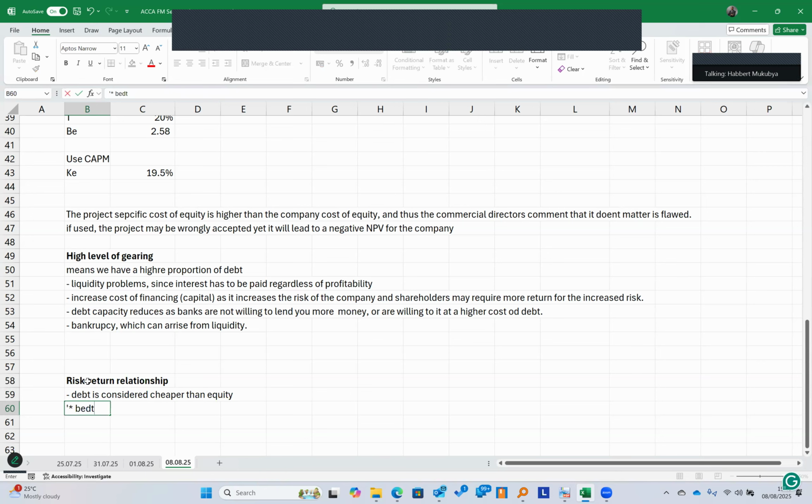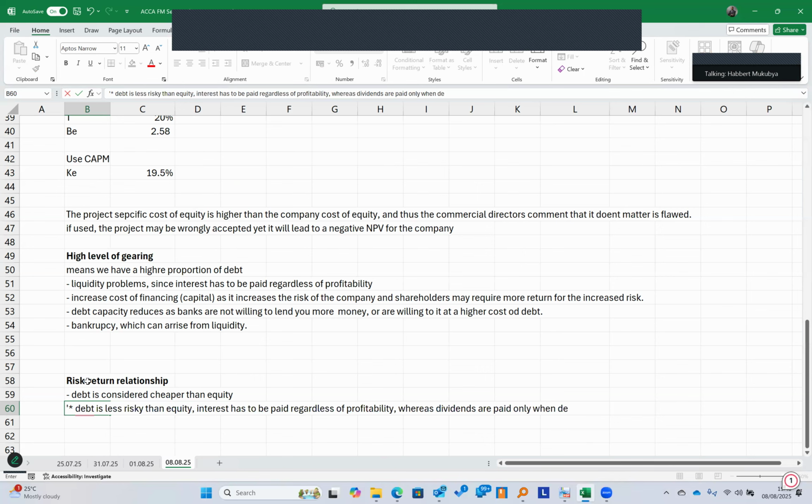And why is that the case? Because debt is less risky than equity, and there are different reasons why. For example, interest has to be paid regardless of profitability, whereas dividends are paid only when declared.